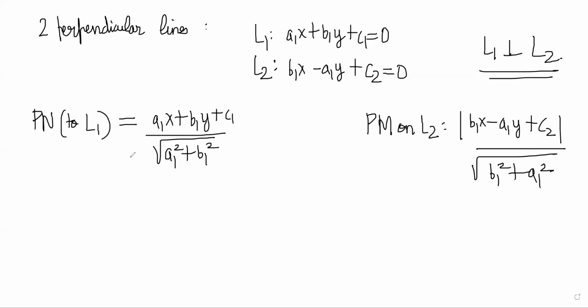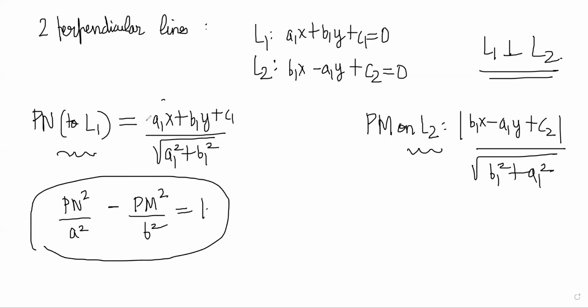Now, the equation of the hyperbola with respect to these two lines can be written as PN square by a square minus PM square by b square is equal to 1.